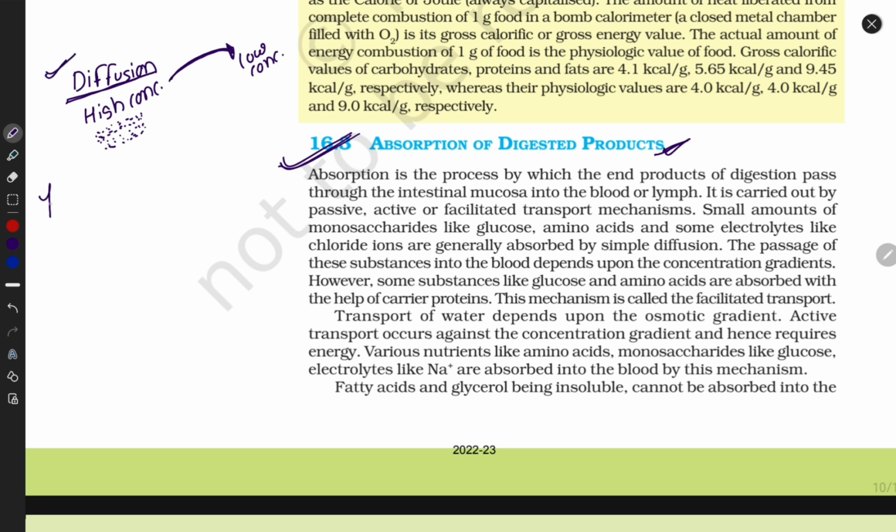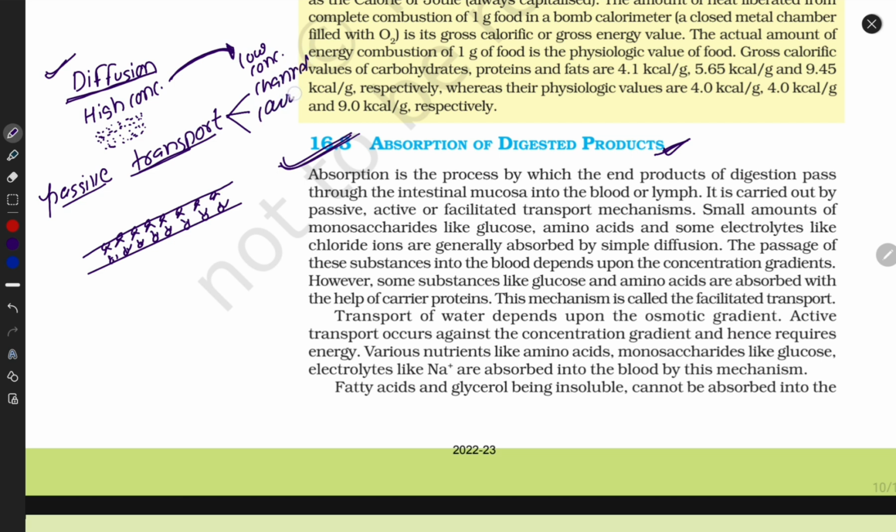Now another term is, what is passive transport? We know that we have a cell membrane. This cell membrane is made up of phospholipid bilayer. We know this thing. This cell membrane contains many kinds of transporters: channel, carrier, it may be pump.